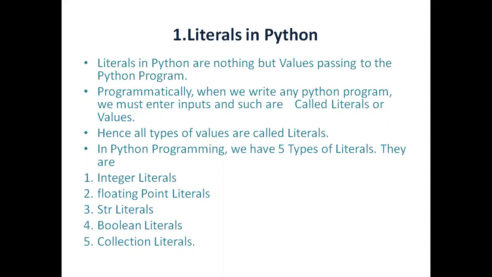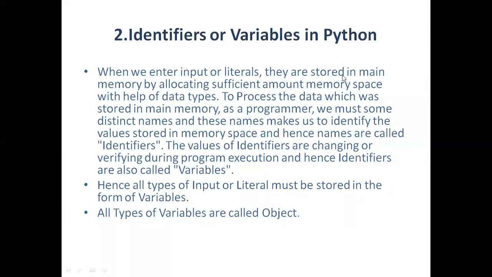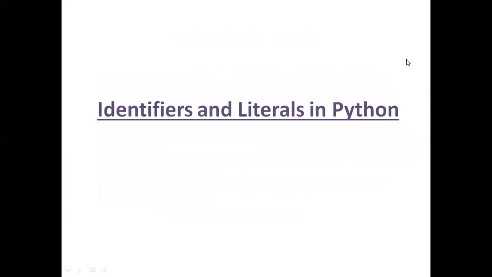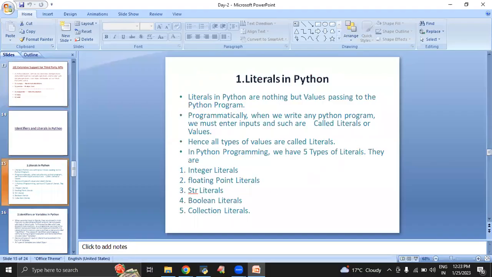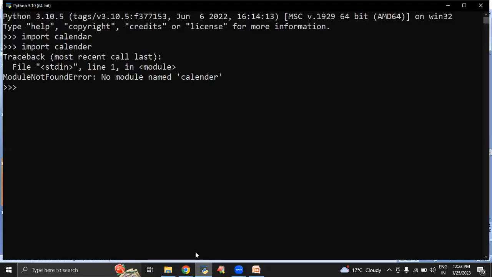The inputs we enter are called literals or values. Hence, all types of values are called literals. As I told you yesterday, what type of inputs we get in Python 3.10.